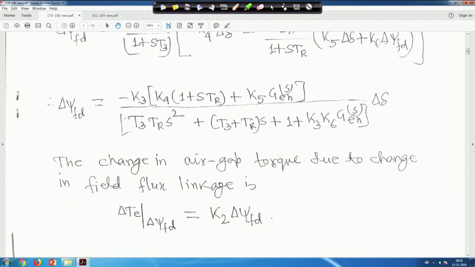So this is the air gap torque due to change in field flux linkage, delta Te, and due to delta psi fd it is equal to K2 delta psi fd. So this term should be multiplied by K2. If you multiply it by K2, it will be minus K2 K3, the whole thing.